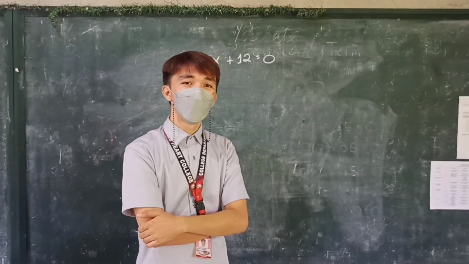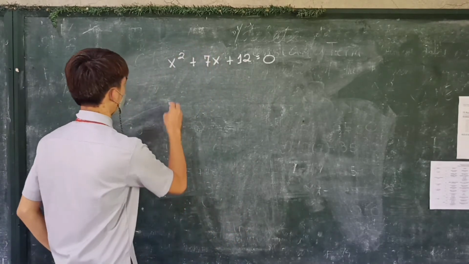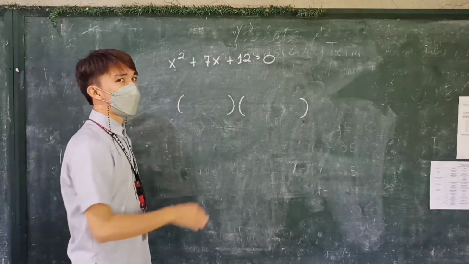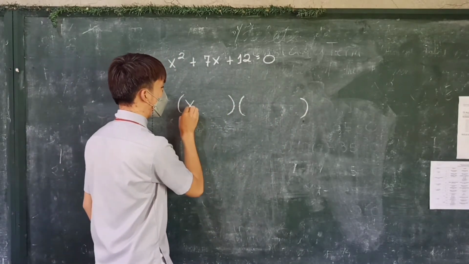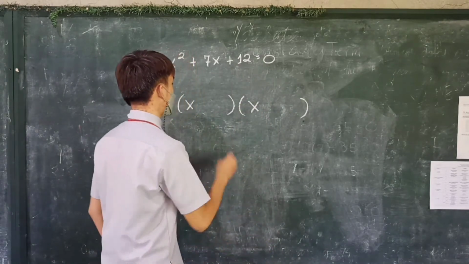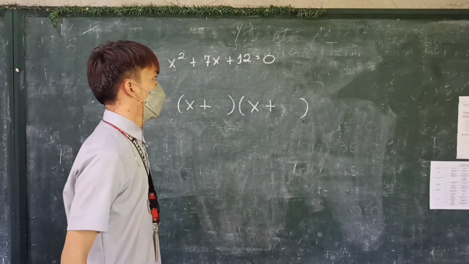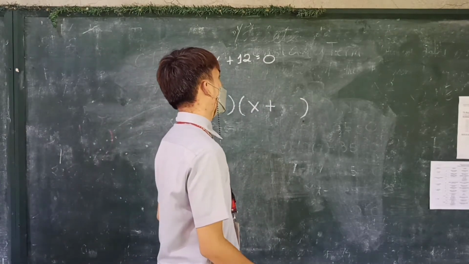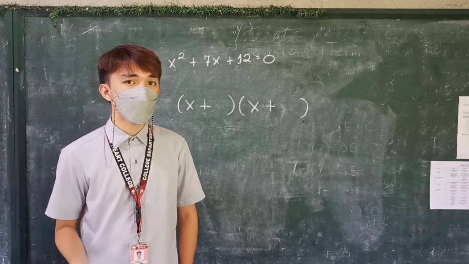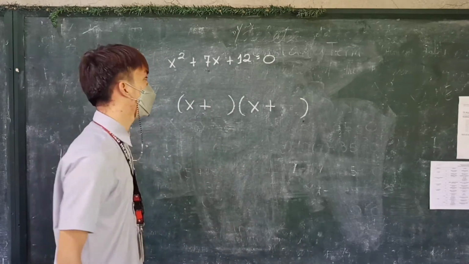Example number 2. We have x squared plus 7x plus 12. The factors of x squared are x and x. Since all the operations are positive, we will use positive, positive. Next, we are going to look for the factors of 12 whose sum is equal to 7, which is the middle term.